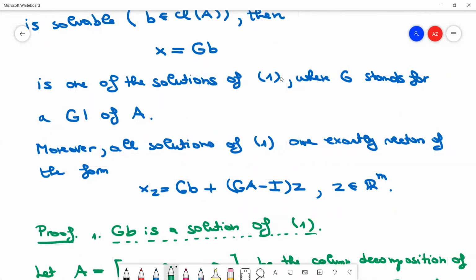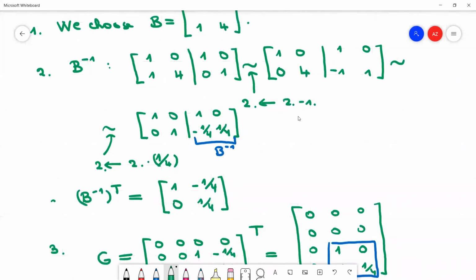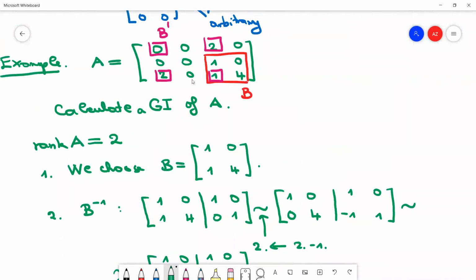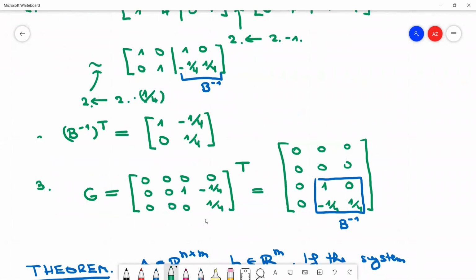So if we look at the example above, we had A. So this was our A, which was of rank 2. And we calculated G, which is also of rank 2. And then AG. So AG is a matrix which has 3 rows and 3 columns.